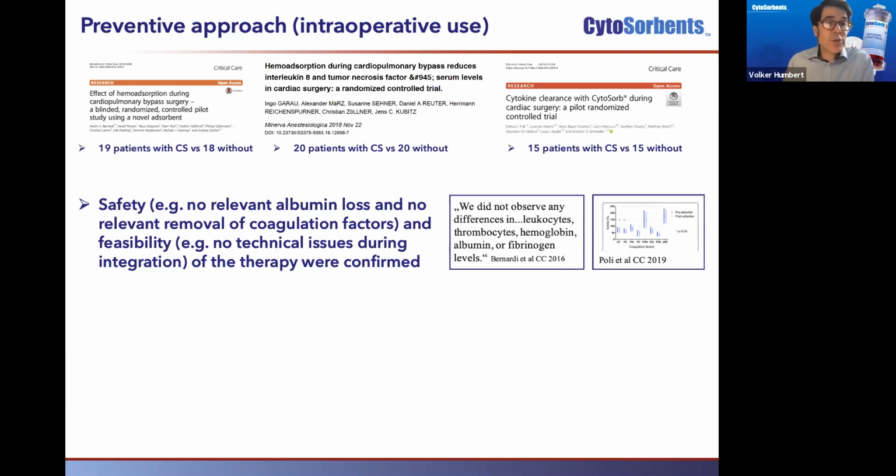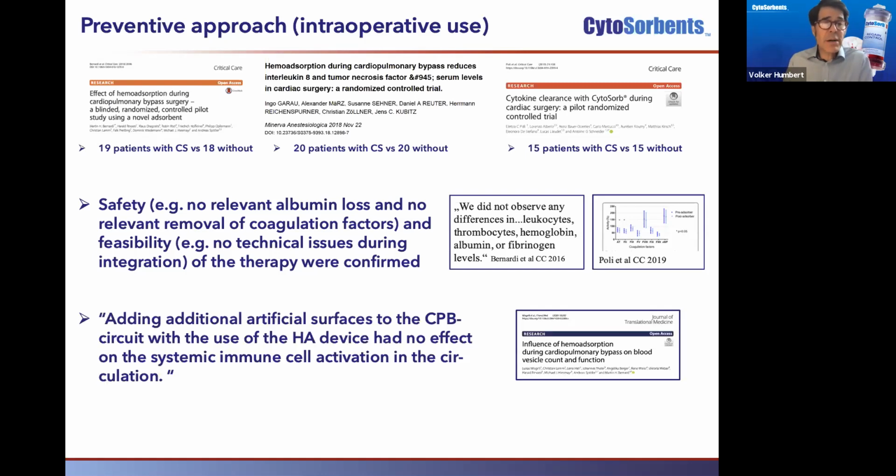Safety was confirmed, as the authors could show that there was no relevant loss of albumin and also no relevant removal of coagulation factors. And feasibility was confirmed because the studies did not report any technical issues during the integration of the adsorber in the cardiopulmonary bypass.